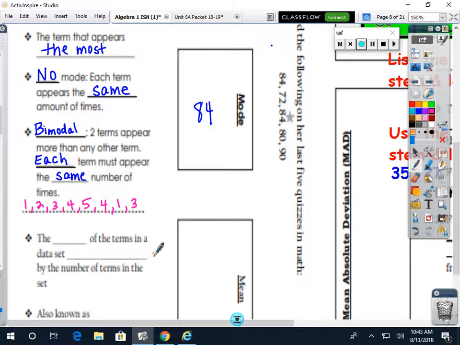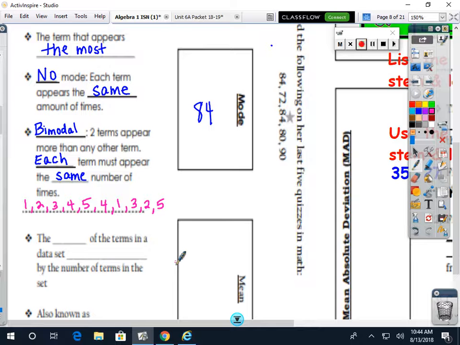Okay, what if I now add in a 3? What is the mode? Correct, because we have 2 1s, 2 4s, and 2 3s, but that's more than the 2 and the 5, right? What if I now put in a 2? Now what's the mode? 1, 2, 3, and 4 all repeat, and that's more than the 5 does, correct? So now we have 4 modes. Now what if I throw in a 5?